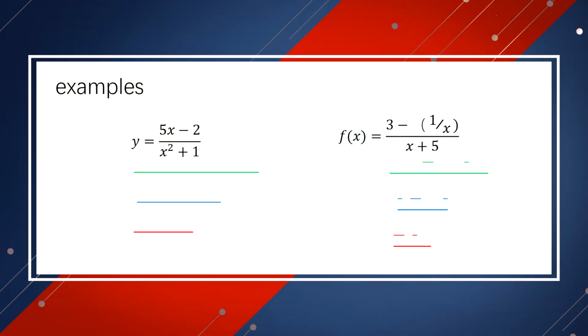This is a very good sentence for us to think about the function. First, let us see the examples about the derivative. The first derivative we need to find is y equals 5x minus 2 over x squared plus 1.